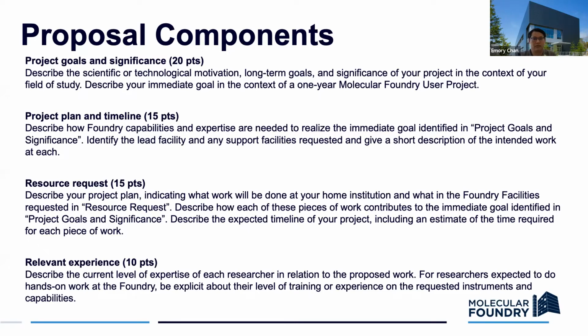So: project goals and significance, your project plan and timeline, what resources you are asking for, and the relative experience that you have in relation to the work you're proposing. I'm assuming that everyone can read the bullets faster than I can speak them, so I'm not going to read them out loud, but we'll talk about these a little bit more as we go.